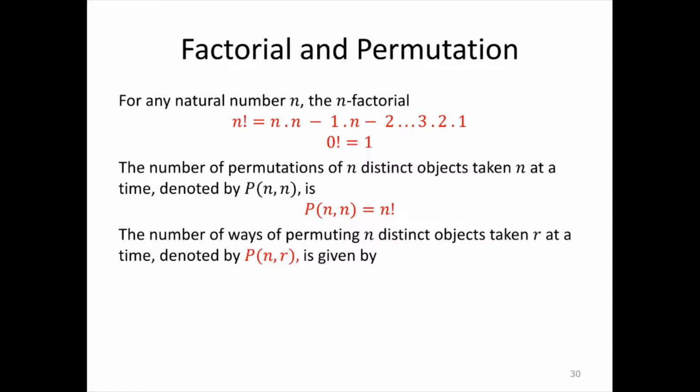Of course we only have r blank spots, because we take only r objects. We fill in starting with n, then n minus 1 and so on, and the last one will be n minus r plus 1. In factorial terms, it is n factorial divided by n minus r factorial, and this is P(n,r), the number of ways of permuting n distinct objects taken r at a time.